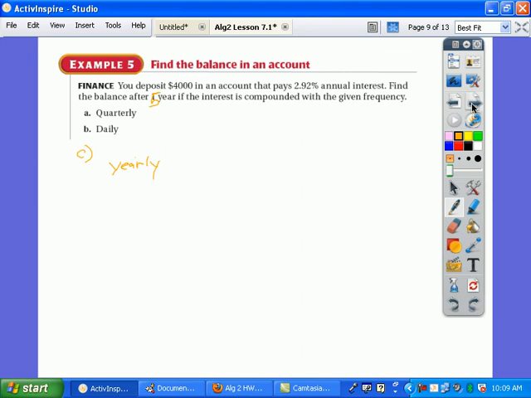And so to calculate these, we start with our principal, $4,000, 1 plus the rate, which is 0.0292. And since we're doing it quarterly, we're going to divide this by 4. And then we'll take this all to the 4 times the number of years.